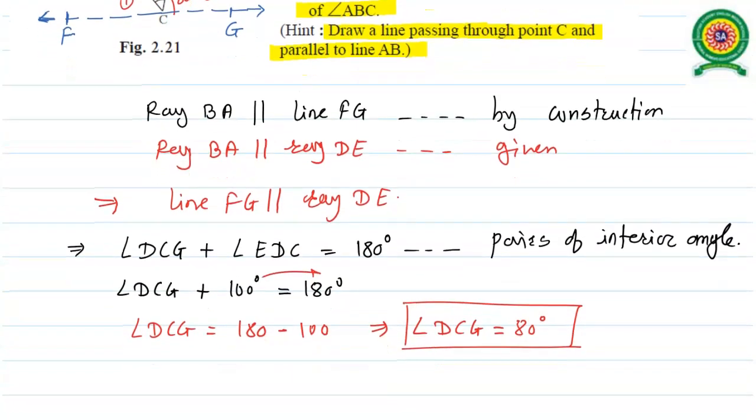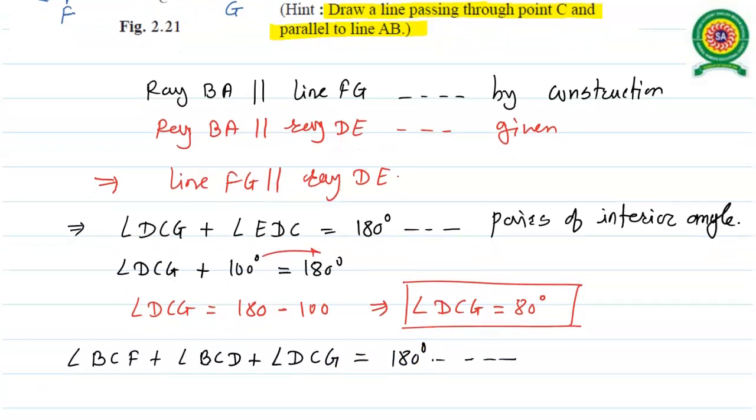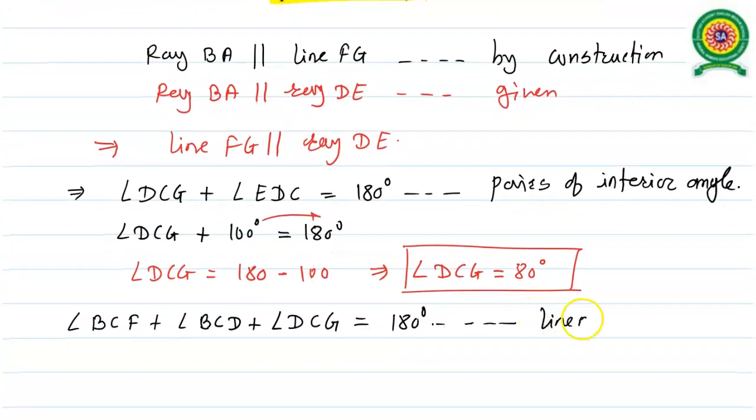So I would like to say that angle BCF plus angle BCD plus angle DCG equals 180 degrees. The reason behind it: they are linear pair angles. Always you have to mention the reason, keep in mind. So the sum of them is 180 degrees, since they are linear pair angles.